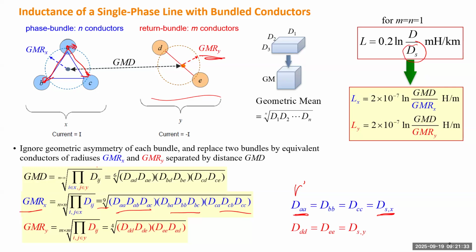So that's GMR. GMD is just any distance connecting 2 elements from 2 different groups. So the total number will be 3 multiplied by 2 in this case. If I have N conductors in the first group and M conductors in the second, the total number will be equal to the product of N and M.